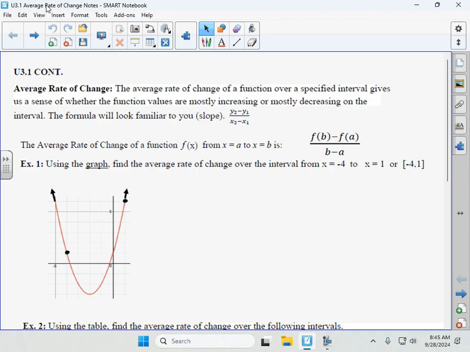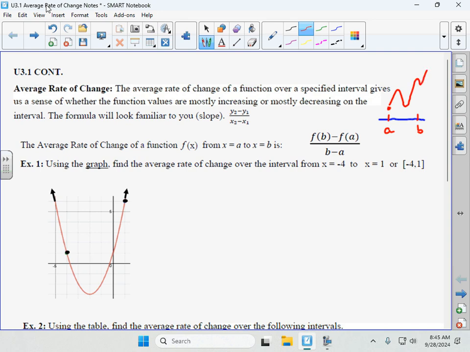The average rate of change of a function from x equals a to x equals b. All right, and so we're trying to find out how are the values changing? And we want that average. So let's say we have some point A and some value B, and it could go up, it could come down, something like that.